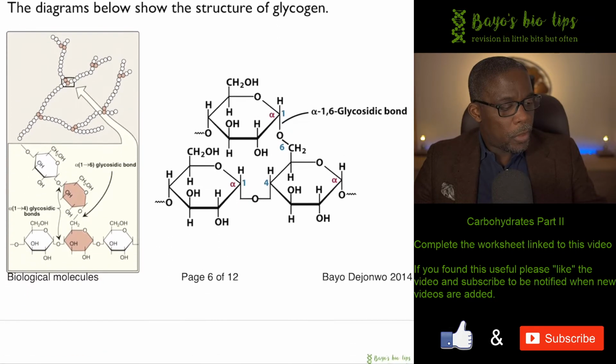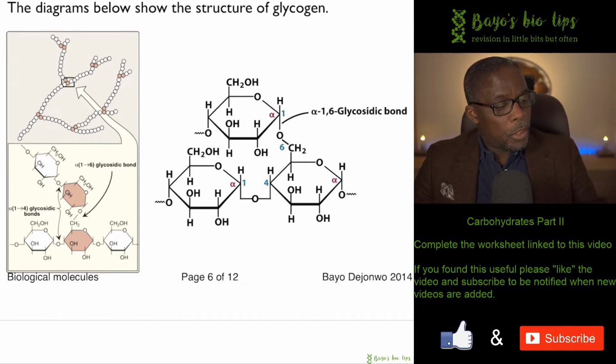And then you've got there a diagram of the structure of glycogen. In the last video, we talked about 1,4 glycosidic bonds, and those form long chains of glucose molecules. But you can also have 1,6 glycosidic bonds, which form branches.